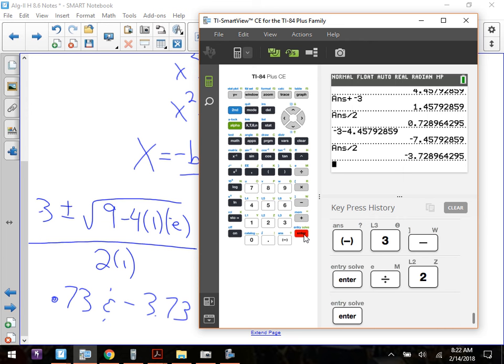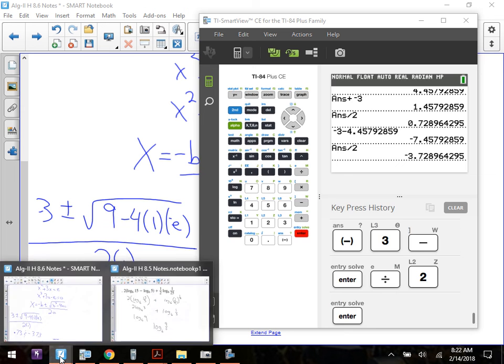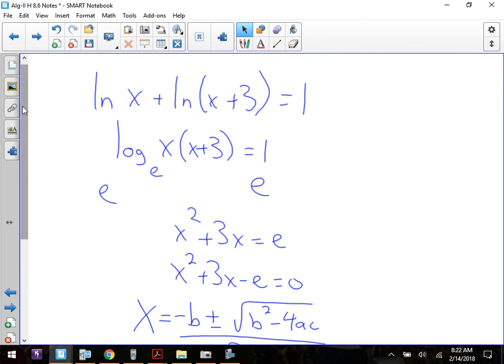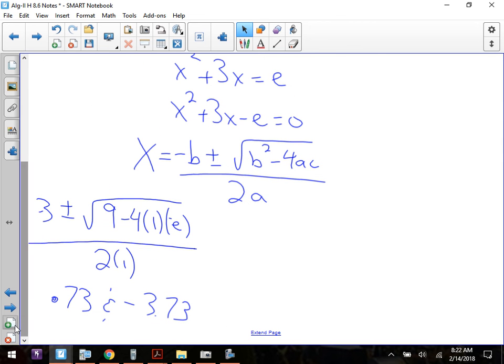And then you have to go back and think, all right, will that negative 3.73 give me a negative value for up here? Yeah. That negative value is not going to work because I can't take logs of negatives. So technically I only have one solution there. So you still got to verify if you're going to wind up with extraneous solutions with E.